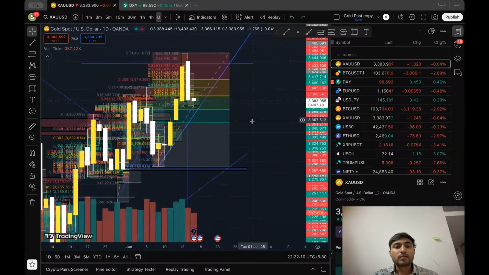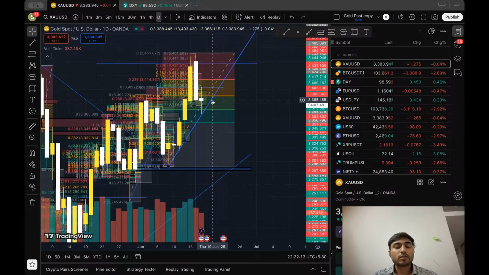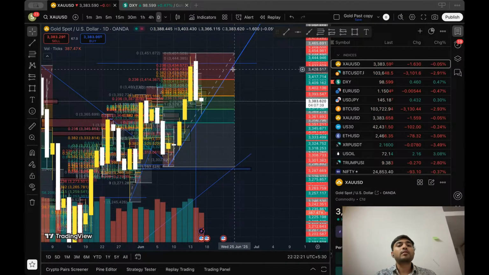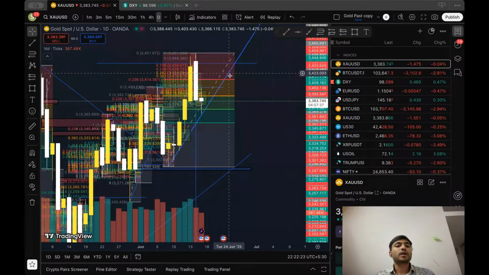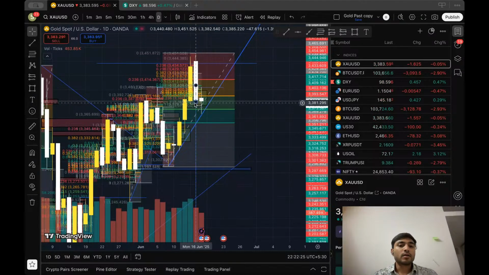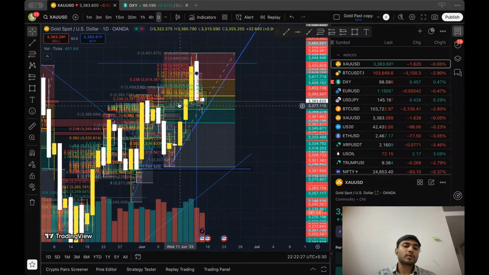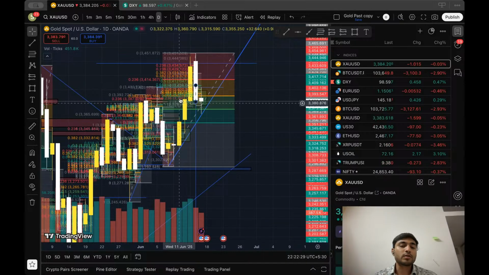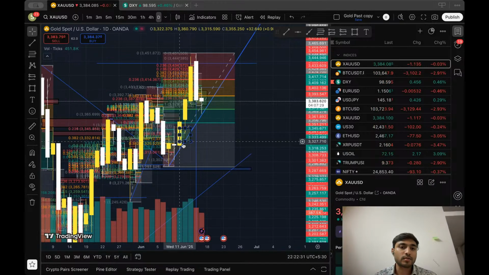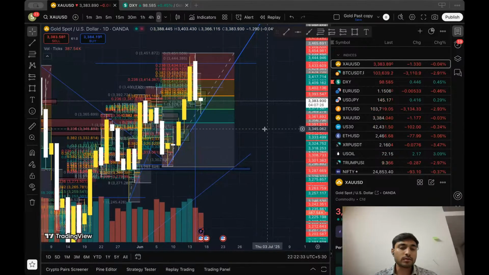Today, from the start, looking at yesterday's close: yesterday didn't close below this, so we didn't have an engulfing candle, or rather an order block below, because we didn't have a close below this. So that's good.